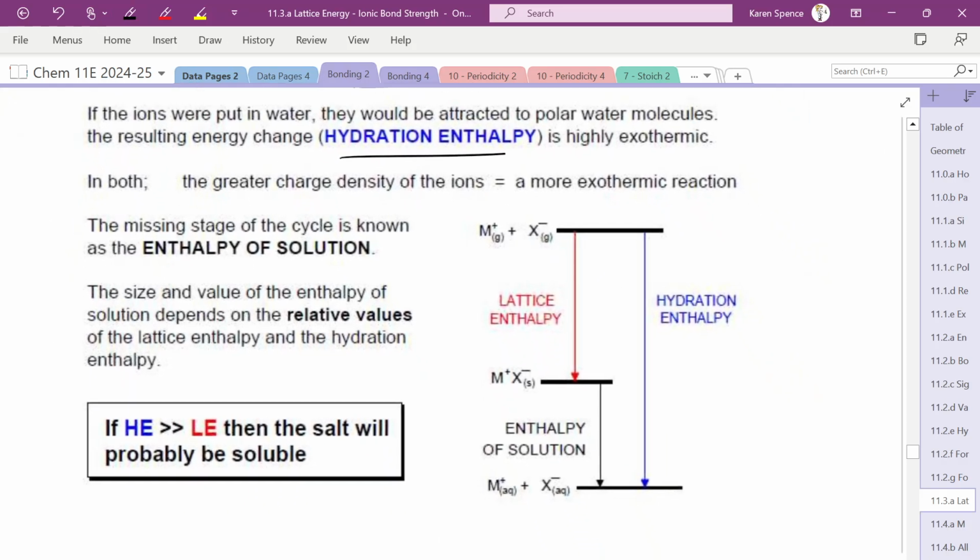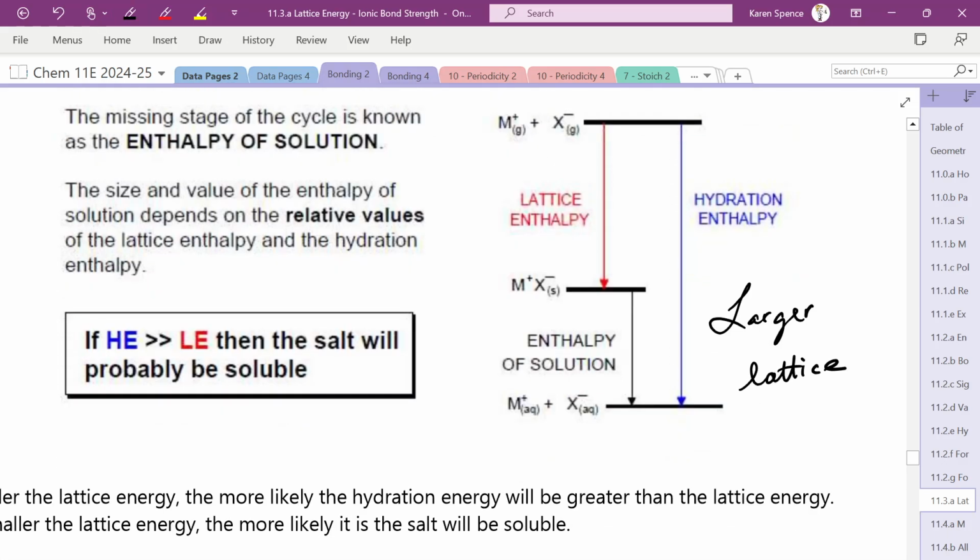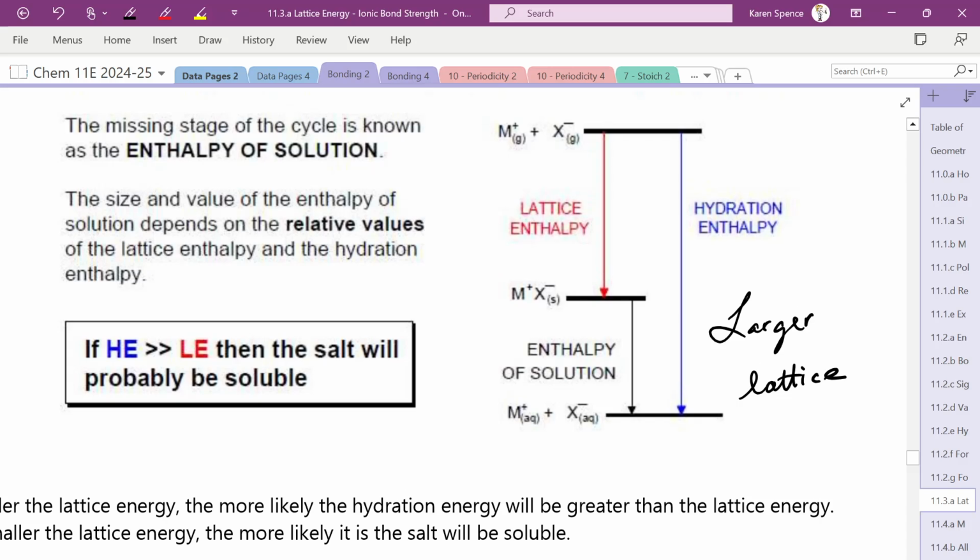Intermolecular forces are so small in comparison that if your hydration enthalpy is bigger than the lattice enthalpy, it's going to be more soluble. Basically, if you have a larger lattice energy, it won't be as soluble, which is a long way of saying what we said at the very beginning. Larger lattice energy, less soluble.